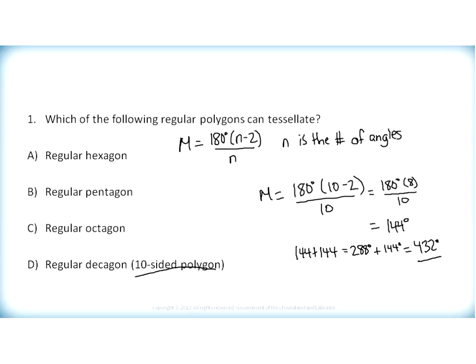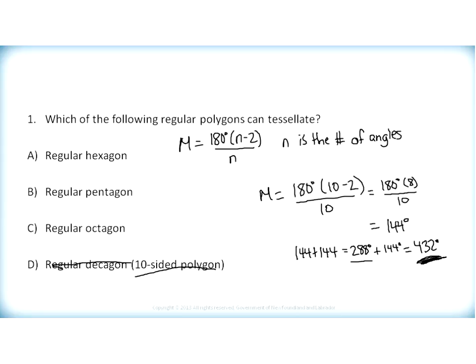Now I've overshot 360 degrees. So when I put decagons together, I'm either going to be below 360 degrees or above 360 degrees. I'm never going to actually be able to reach 360 degrees. So that means that a regular decagon will not tessellate.